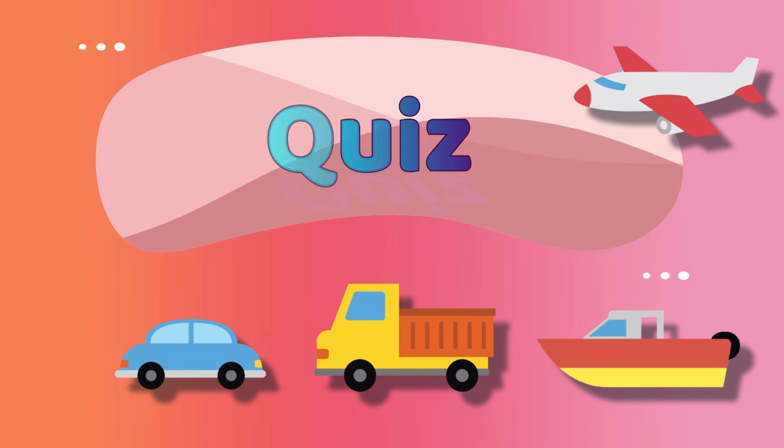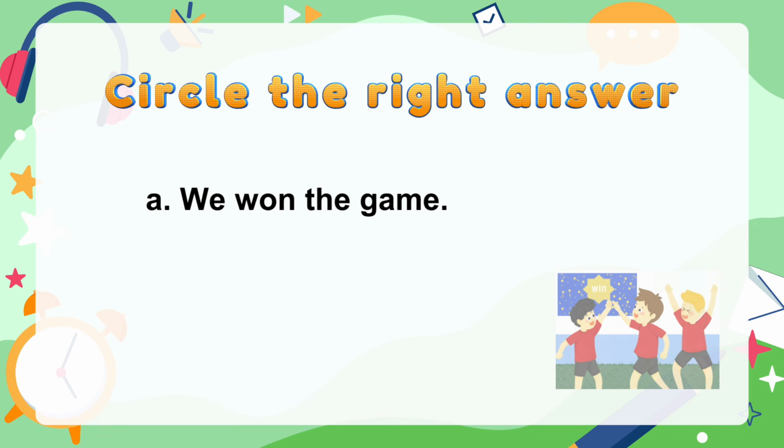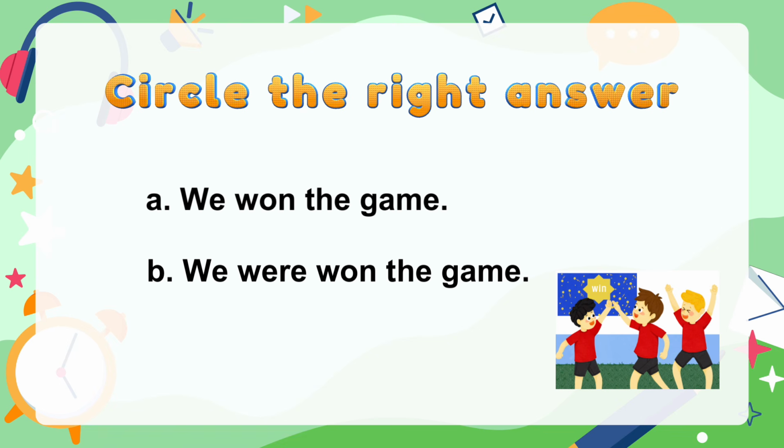Quiz. Circle the correct sentence. A. We won the game. B. We were won the game. Were does not go with past verbs, and we have active voice. The correct sentence is A. We won the game.